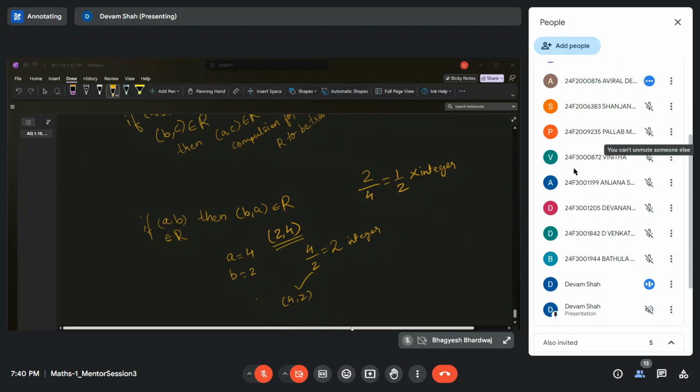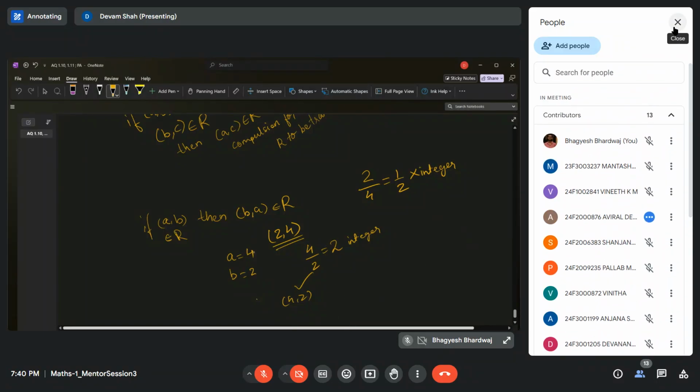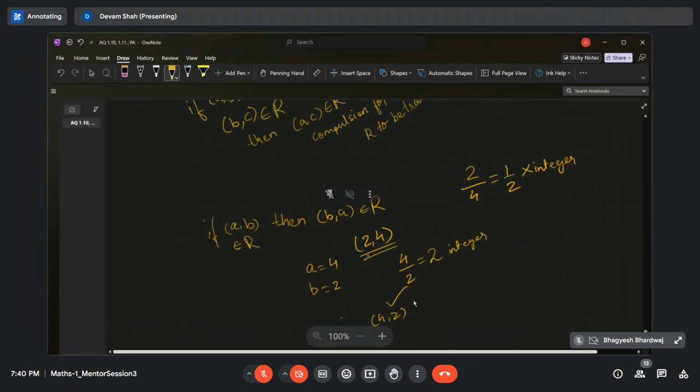Thank you. So we were here: 4 comma 2, A comma B, gives you an integer. But when checking for B comma A, it gives you a fraction, because of which it is not included in R. Is 0.5 also an integer?